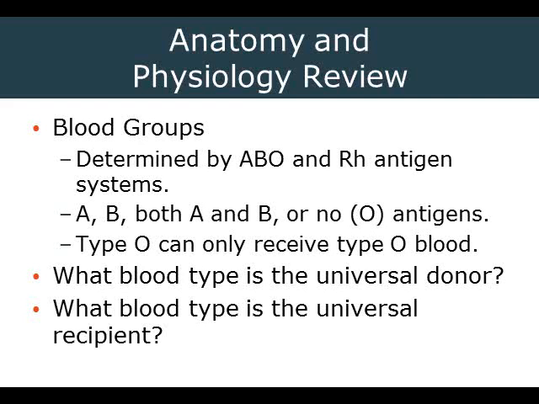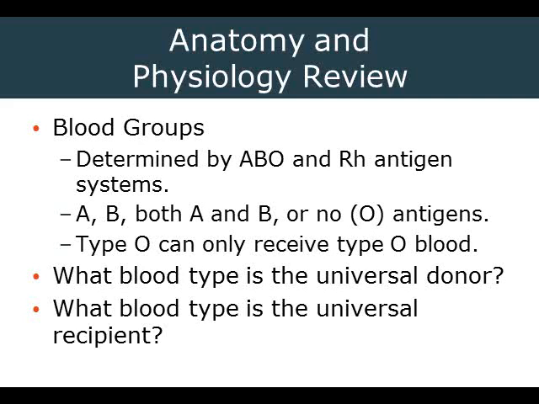So you could receive A, you could receive B, you could receive O. And you could be type O. Type O has neither A nor B on its surface, yet they create anti-A and anti-B antibodies. So type O's can only receive O's.